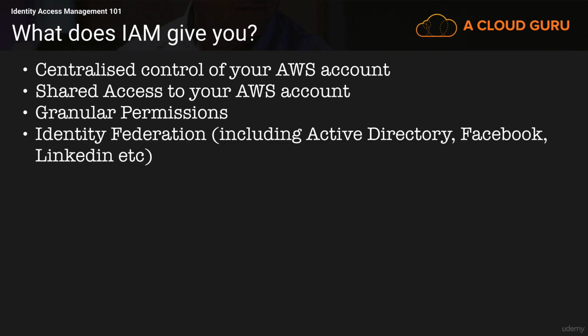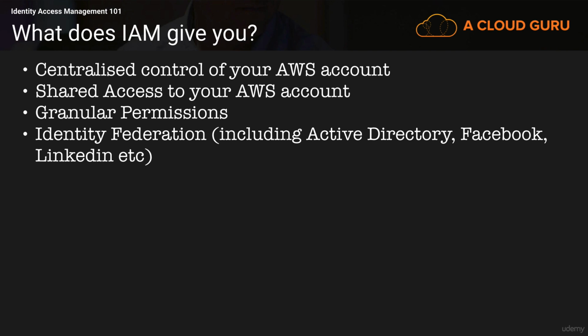It also allows you to do identity federation. This includes federating with Active Directory, Facebook, and LinkedIn. So what do we mean by that? Well, for example, it allows you to sign into the AWS console using your single sign-on, which is your SSO, and that's what you would use to sign into your corporate environment. So when you lock your computer or when you start it up for the first time, you enter your corporate username and your corporate password.